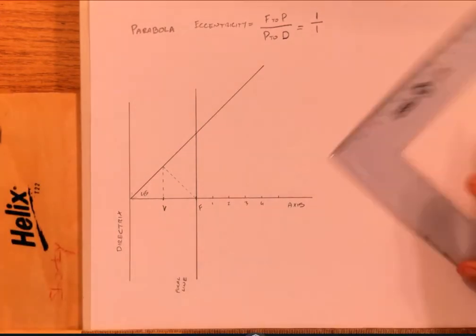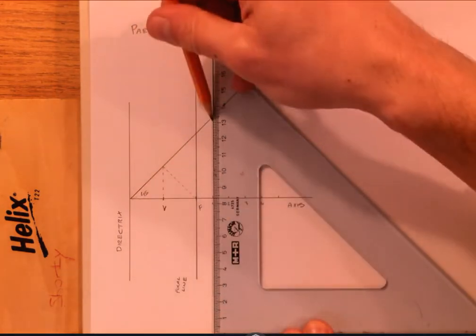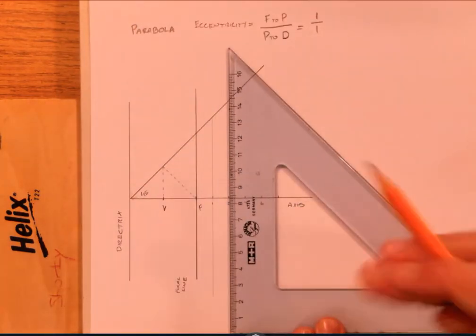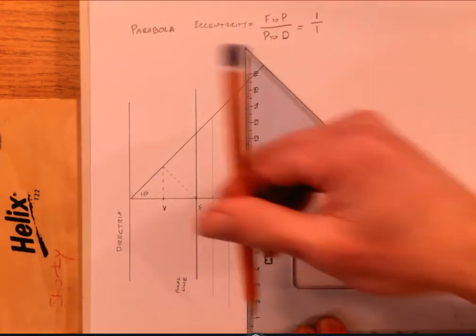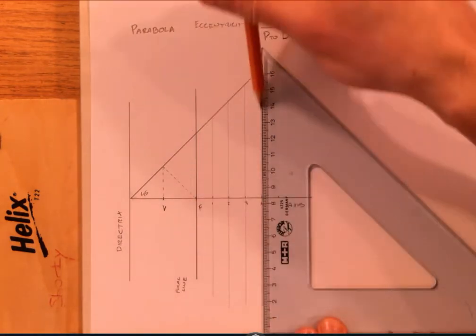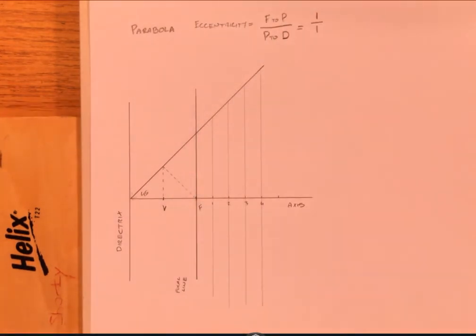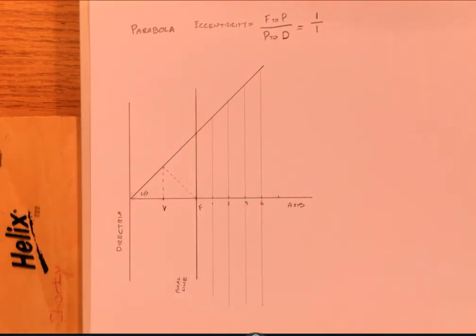We draw vertical lines above and below to hit the focal line from each of those. And we continue back horizontally to hit the focal line.